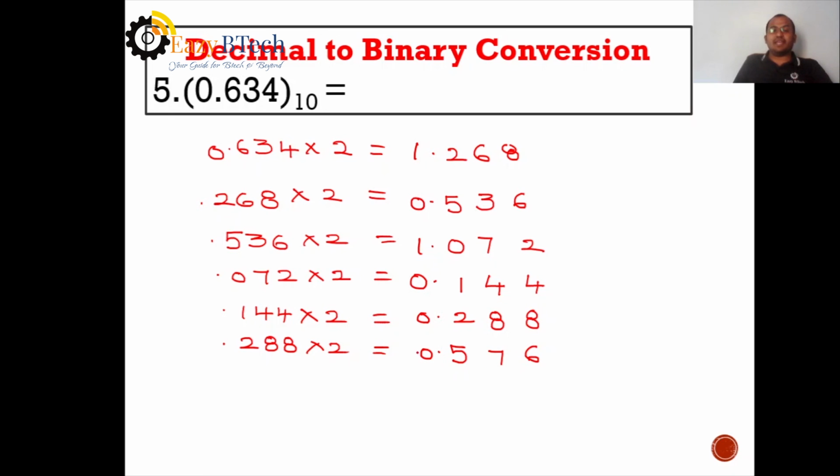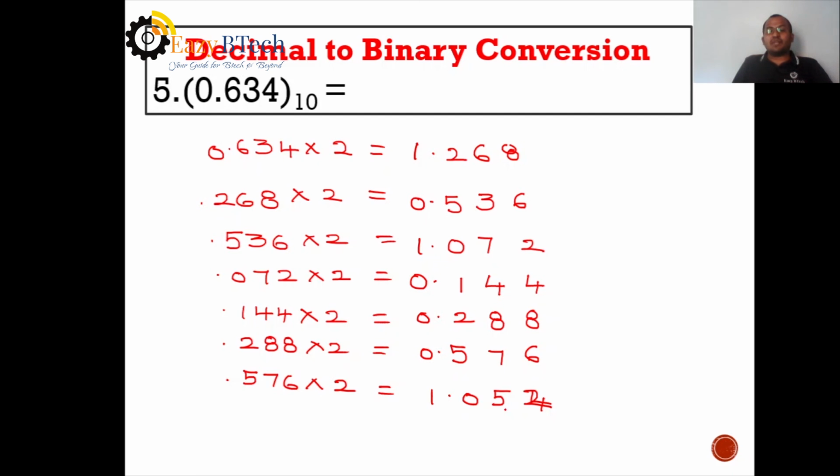Now if you multiply 0.576 with 2, 2 sixes are 12, 2 sevens are 14, so 5, and 2 fives are 10, so 1.052.